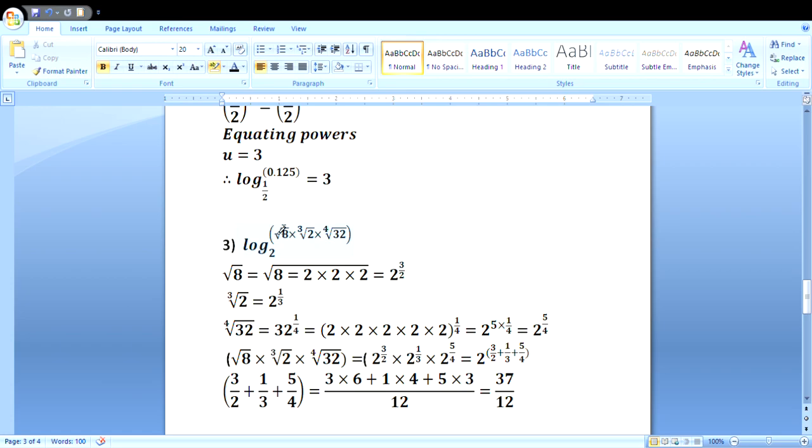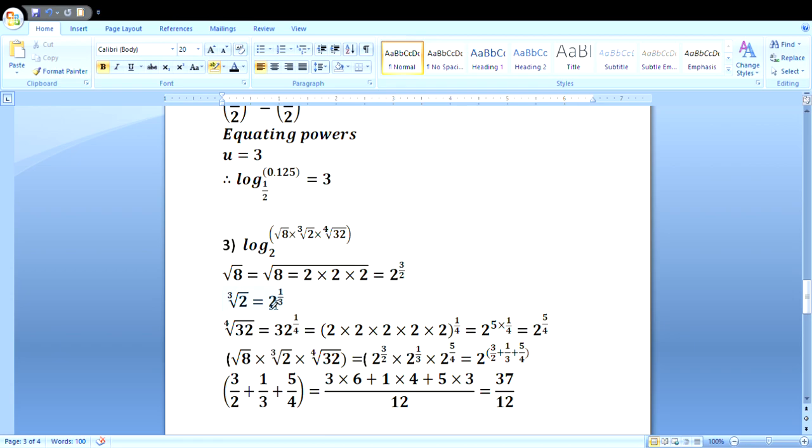Here we need to tackle what we have in the bracket, which is root 8, cube root of 2, and the fourth root of 32. So the square root of 8 is the same thing as 2 raised to the power of 3 over 2. Root 8 can be expressed as this.